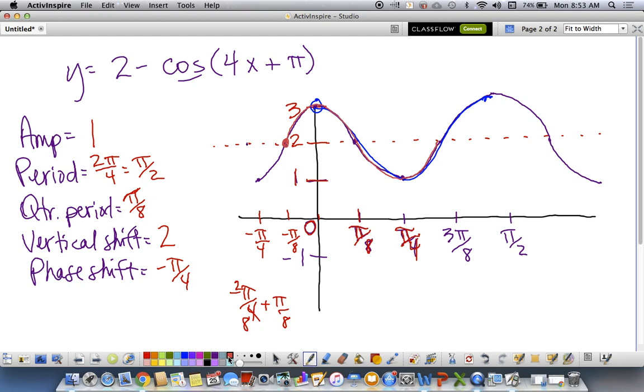They've shifted one over to the right or left, okay? So sometimes, if you're just asked to write an equation, they may specify they want you to write it in terms of sine or cosine. If they don't, it means there's several different equations that you could write, okay?